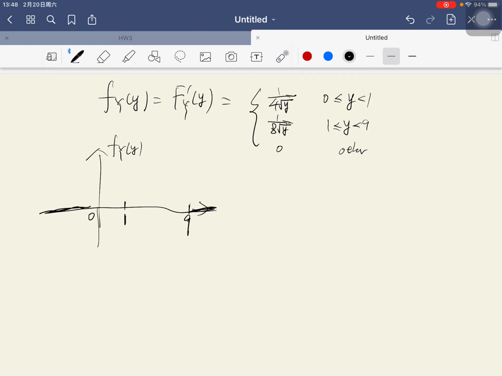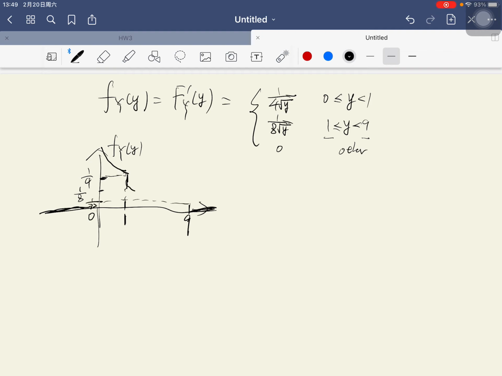From 0 to 1 it goes from infinity down to 1 over 4, and when y is from the range 1 to 9, the value is from 1 over 8 to 1 over 24.